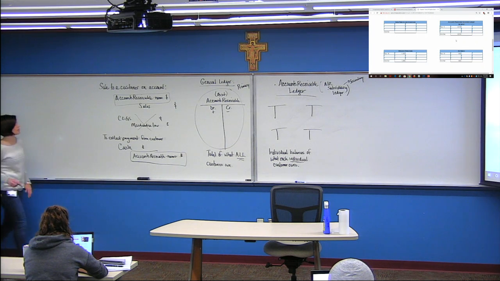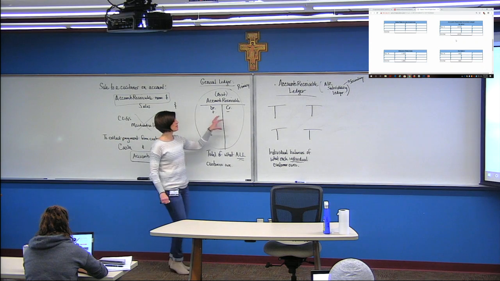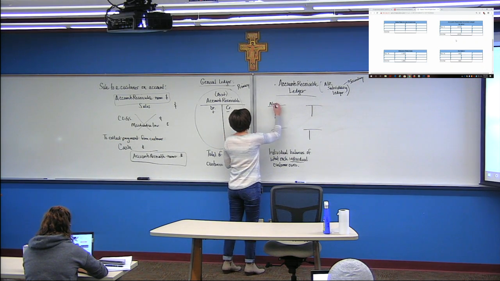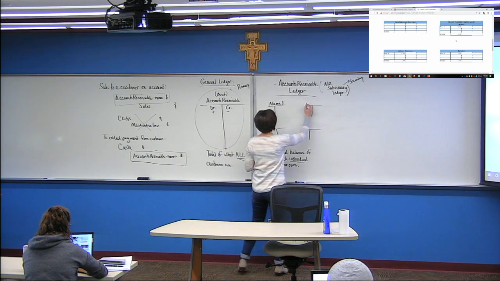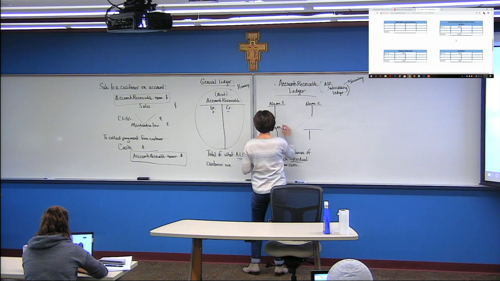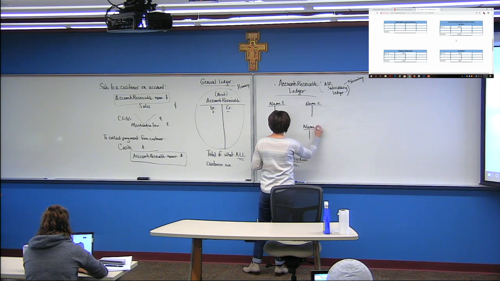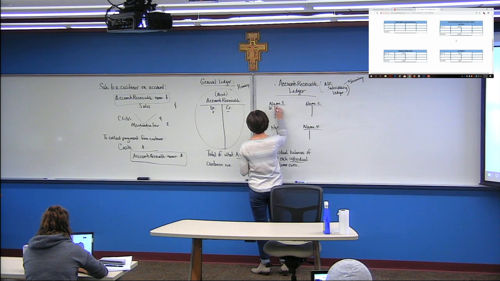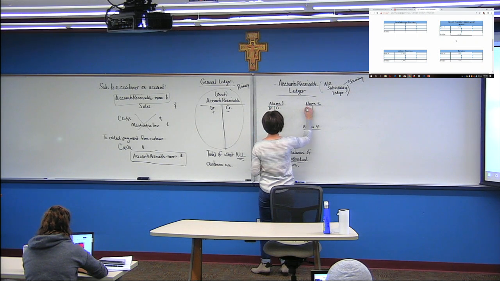Think about it, folks. Look up here. If this is the main account and these are the details, and assuming there's a different customer name for each of these, customer 1, customer 2, customer 3, customer 4, if these are a breakdown of this total, what's the normal balance of all of my accounts receivable ledger accounts?